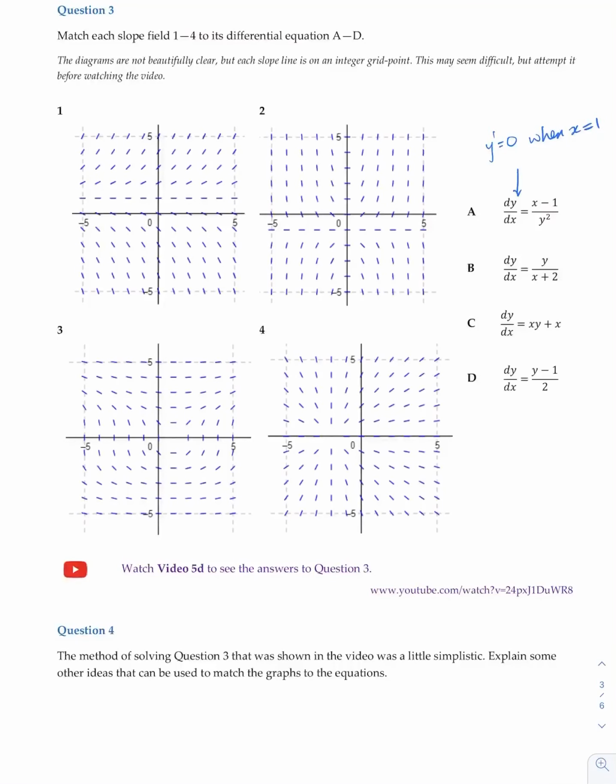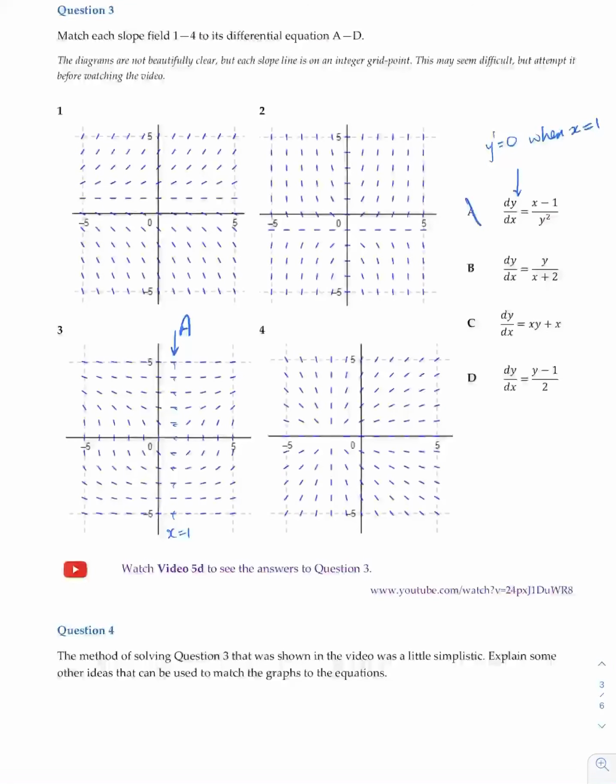I can see through the line x equals 1, we have gradients of 0. And if I look quickly at the rest of them, it's not the case. So that's all the evidence I need that this is A. All right, so I'll cross that one out.